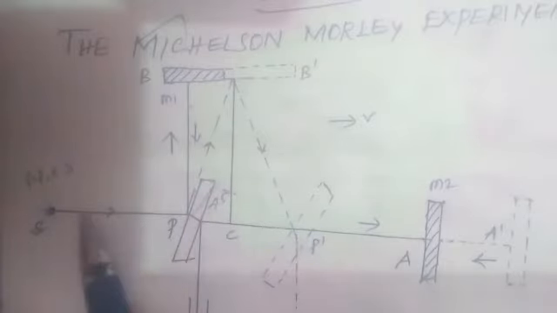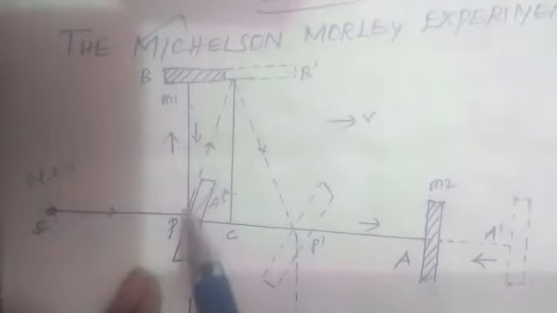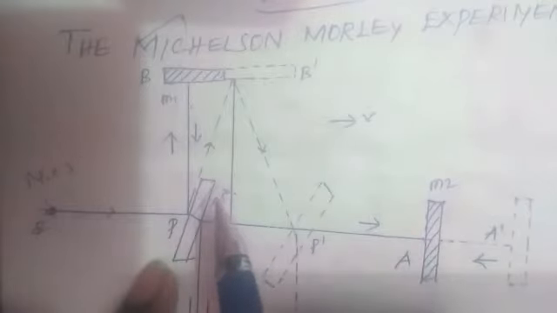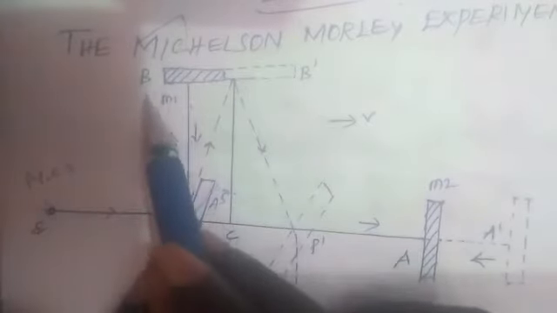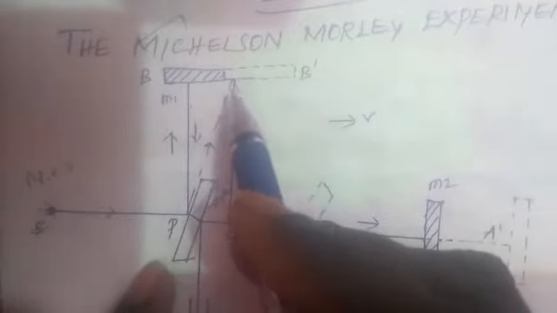The reflected portion travels in a direction at right angles to the incident beam and falls normally at B on the plane mirror M1, and is reflected back to P. It gets refracted through P and enters the telescope.